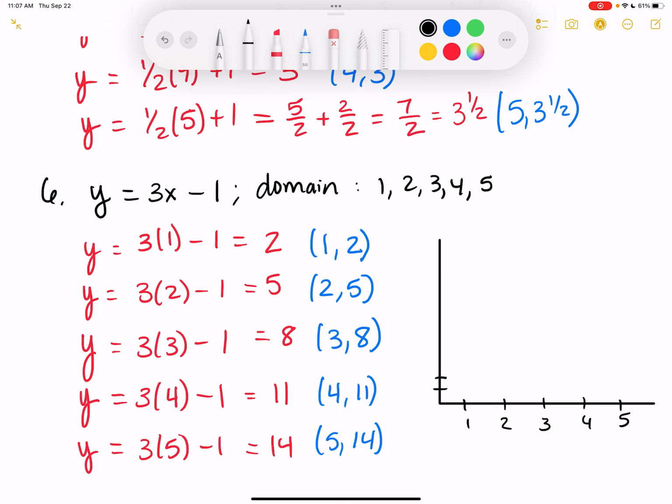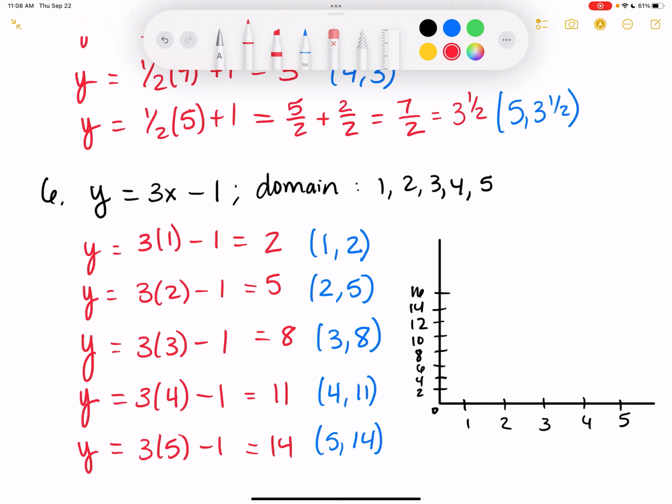So 2, 4, 6, 8, 10, 12, 14, 16. And then we're just going to graph each point. And I tell my other classes I don't get out a ruler and measure that they're exactly right, so don't feel like they have to be perfect or anything.